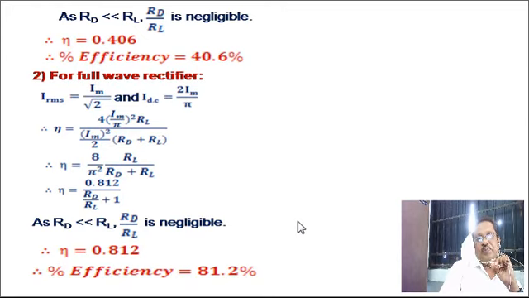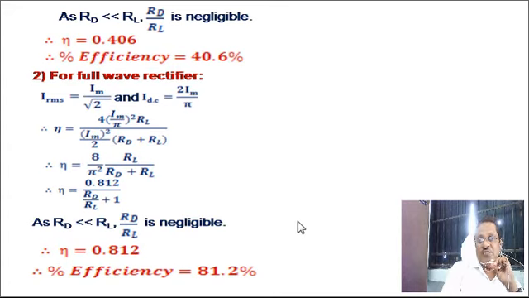Now we know that a rectifier converts AC into DC, but the output of rectifier is not a pure DC, it is a pulsating DC, because there is some AC component present in the output of rectifier. Because we know that if we consider the half wave rectifier circuit, only 40.6% of the input AC voltage is converted into DC by using the half wave rectifier circuit.